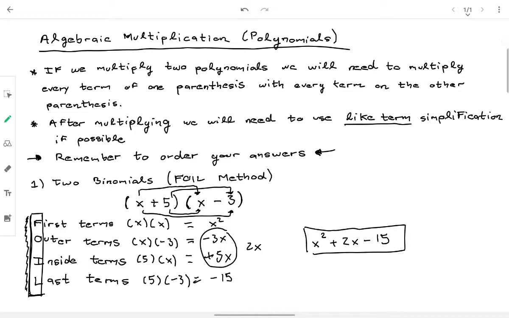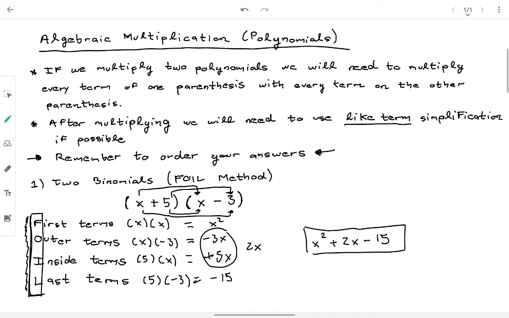So that's why it's called the FOIL method. Remember, FOIL means first terms, outer terms, inside terms, and last terms. So that can be a word to help us remember that the first parenthesis terms are multiplied by every second parenthesis term.